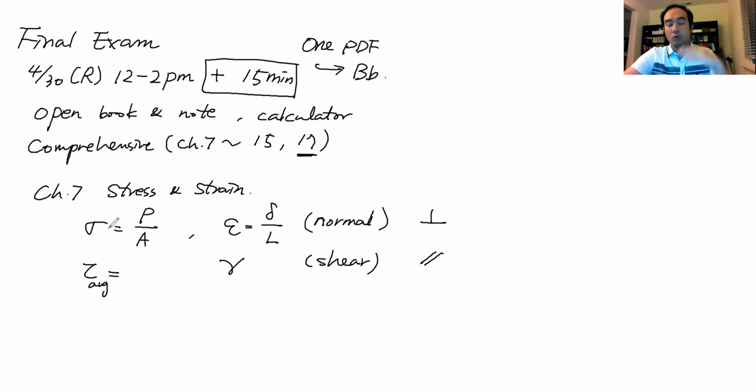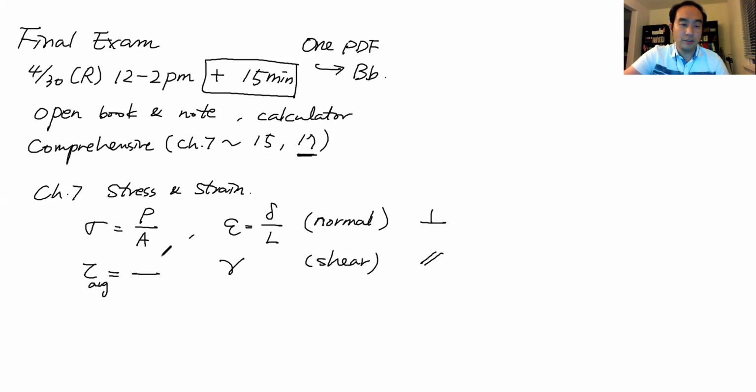When you're away from that edge, the average sigma is more or less the same as sigma. So many times we just ignore the average sign for normal stress, but tau is totally different. It is a very nonlinear behavior. We have a nonlinear distribution that varies from 0 to the maximum value. That's why we always put the average sign.